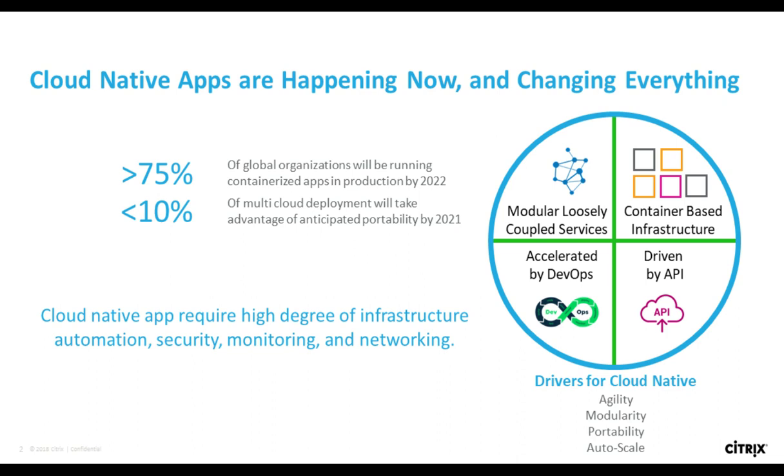Reasons for moving to cloud-native applications, also known as microservices-based applications, the key drivers are agility, the ability to roll out new software releases and updates much more quickly, taking large monolithic applications and turning them into manageable, modular micro applications which can be updated individually, and also portability of individual container-based microservices, which can be ported across the hybrid multi-cloud.